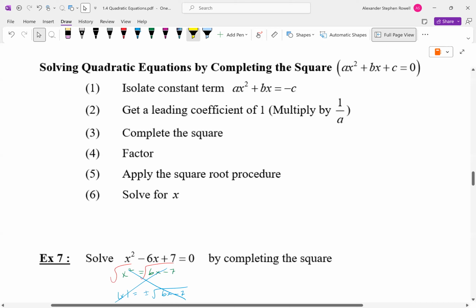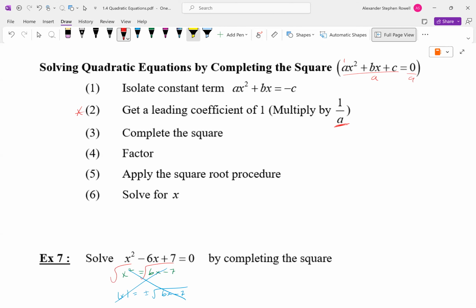Okay, so how are we going to solve these? These are the steps. And I said it doesn't work if that leading number is not 1, right? So that means step 2 is very important, that you divide both sides by a. You need to divide both sides by a so that this becomes a 1.